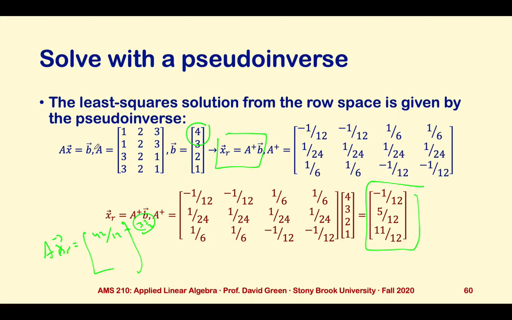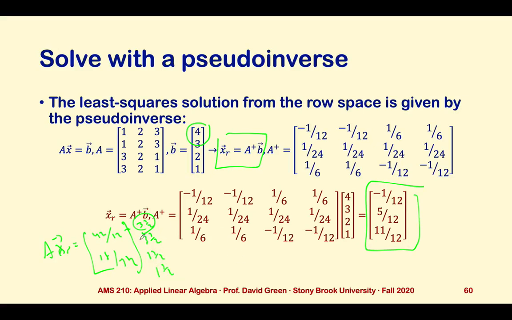For the second row, we have the same row and the same piece, so we get 3/2 again. For the next piece, we have negative 3/12 plus 10/12 plus 11/12. So that would be 21 minus 3, 18 over 12, which is 1/2.